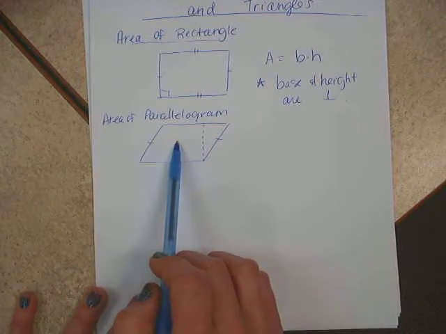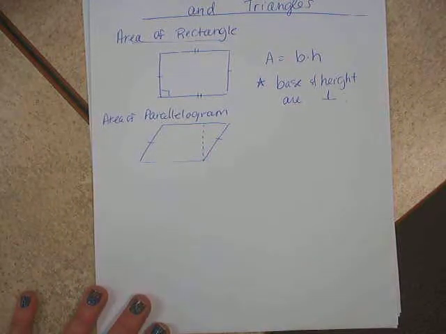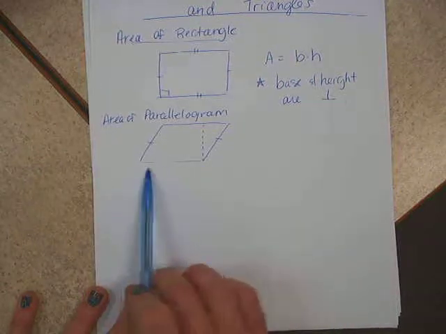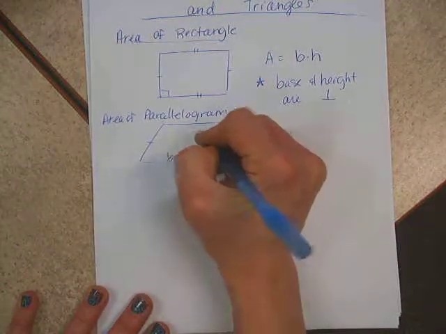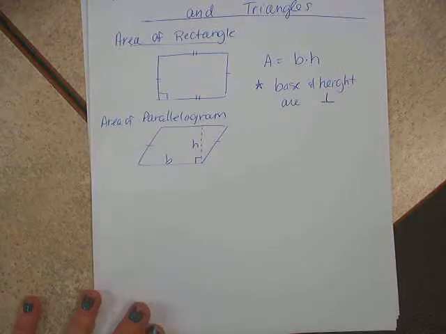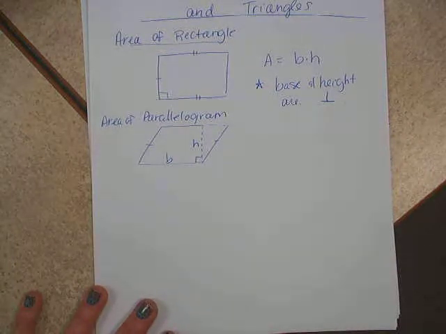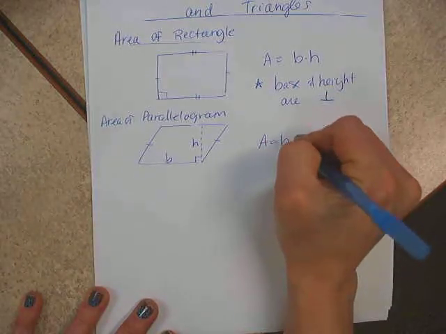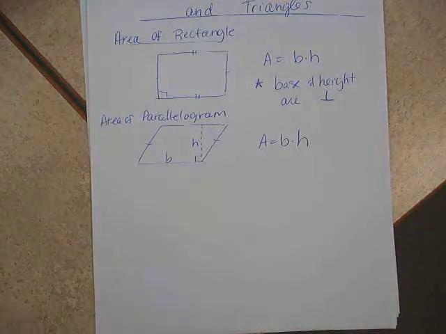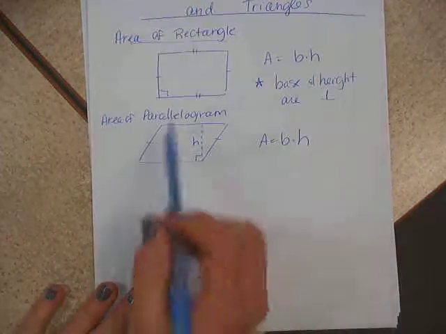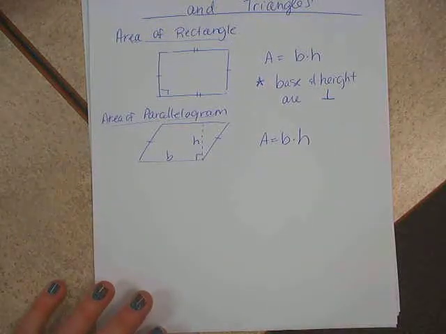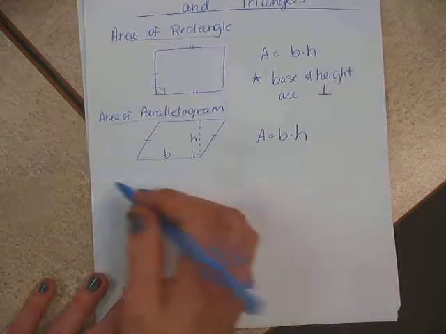So you'd basically have a rectangle as a result. So we can use the same formula. We call this the base, and we call that the height, and they are perpendicular. And our area is still base times height. Okay, so you've got the same formula for a parallelogram that you do for a rectangle.